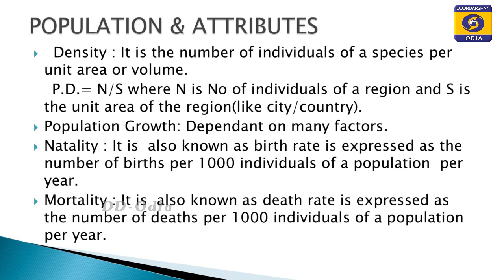The unit area may be like a city, like I told you, the tick population of Bhubaneswar city, or we shall say the Sal population of India. So, population density is the number of individuals by the unit area of the region.